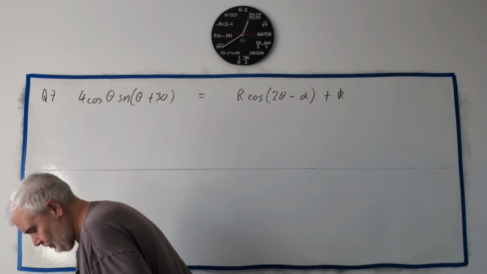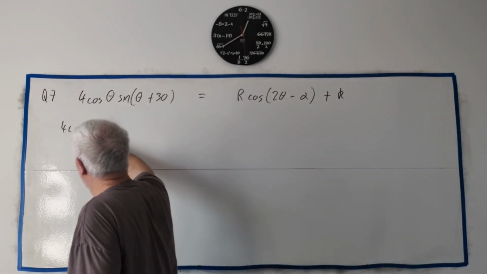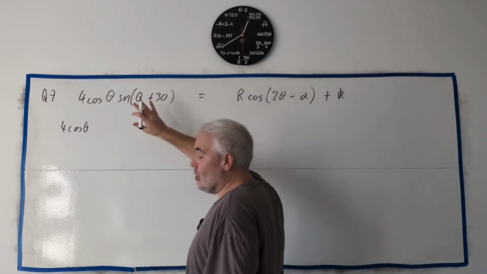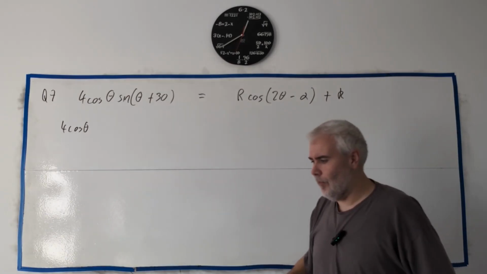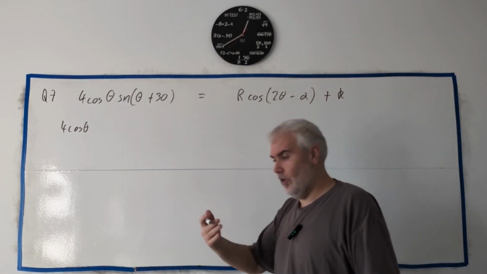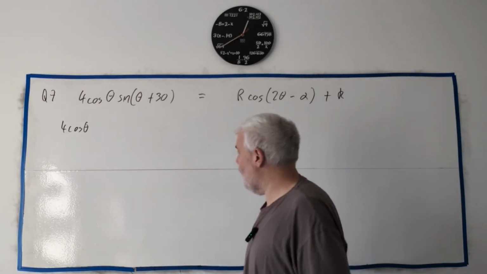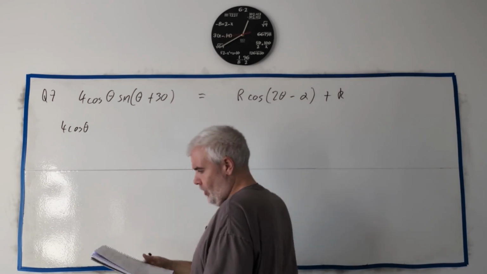So first of all, expanding this guy out here, we get 4 cosine theta. Leave them alone. So sine of two angles, I'll cheat here. You're given these formulas. You don't have to memorize them. I'm not good at memorizing them. You're given these formulas in your pages of formula. But sine of two angles adding is just, where do I have it?